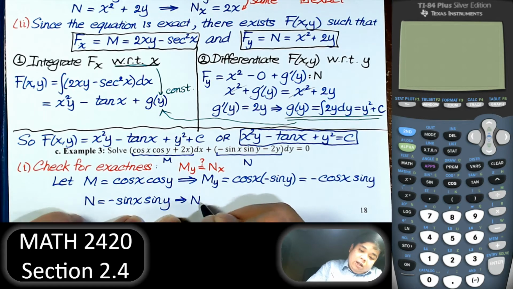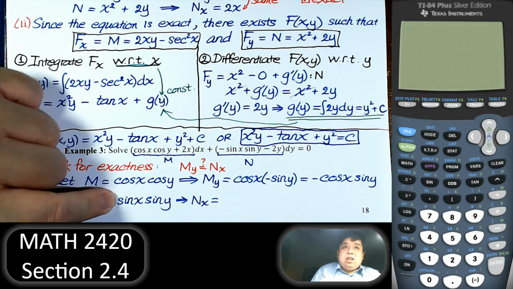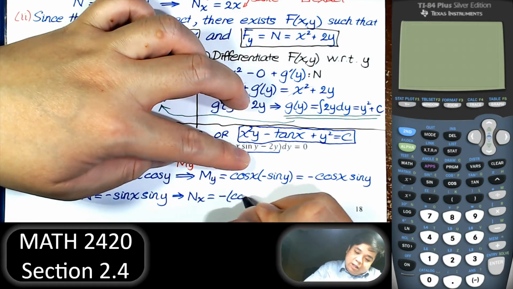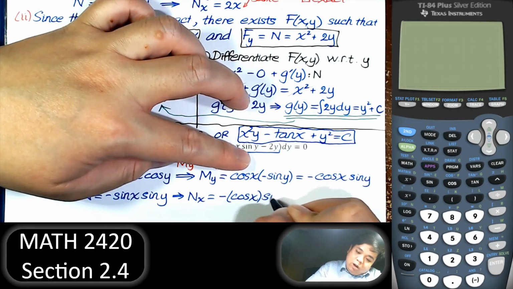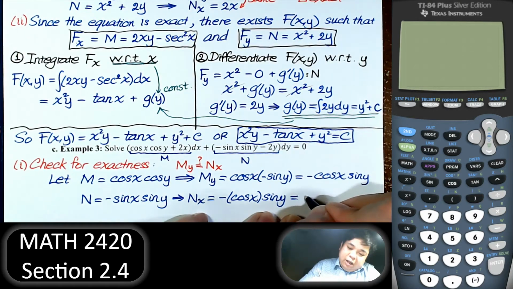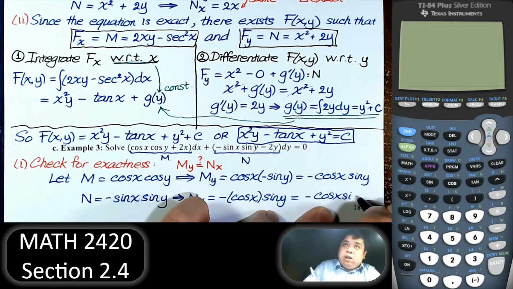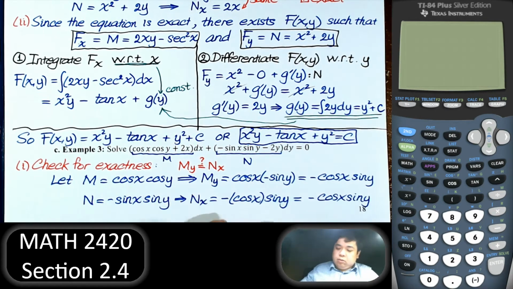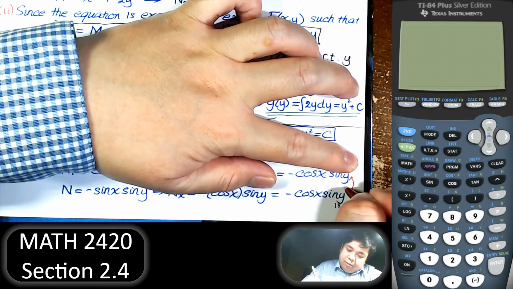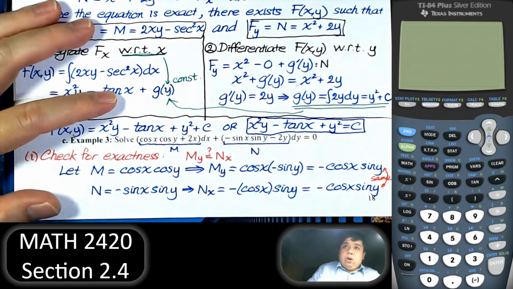Derivative of n with respect to x. With respect to x, derivative of sine x is cosine x. So we have negative cosine x sine y. And note that they are the same. So it is exact.